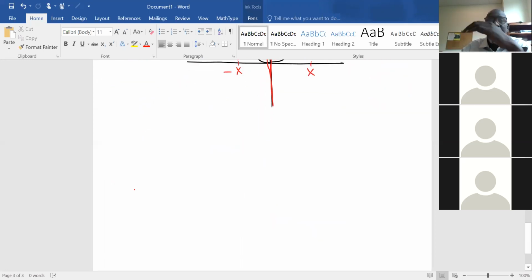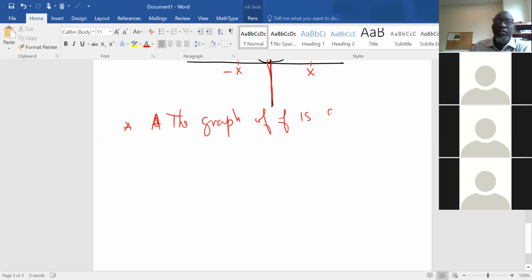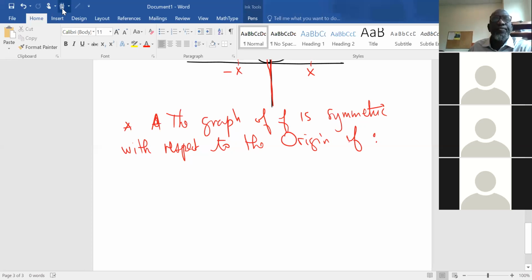So some other graphs can be symmetric with respect to the origin. The graph of f is symmetric with respect to the origin if when (x, y) belongs to the graph, then (-x, -y) also belongs to the graph.